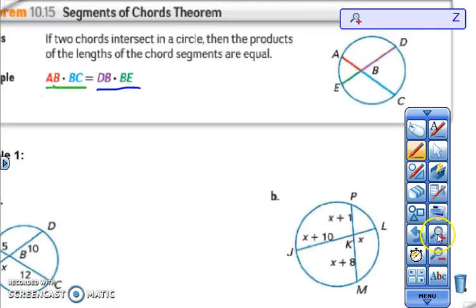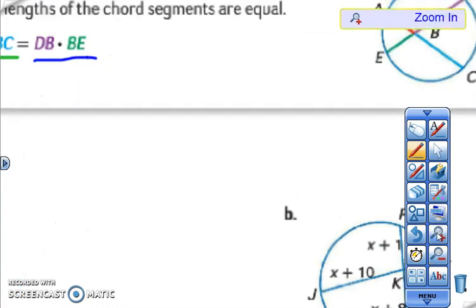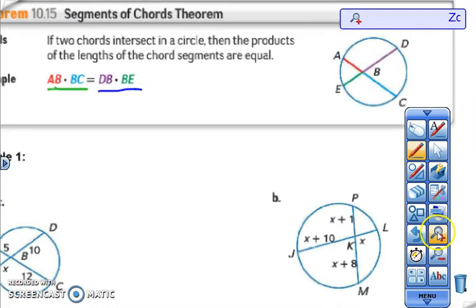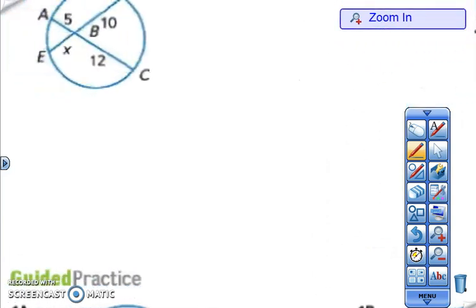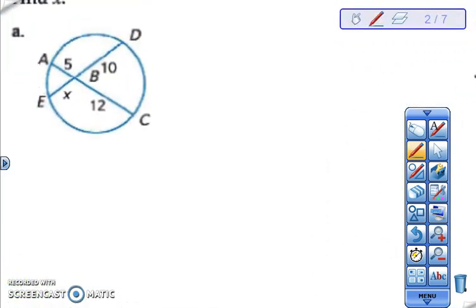So in our first practice example, it tells us that we are looking for the value of x. We notice we have two chords that intersect, and we know that anytime the chords intersect within the circle, the product of the sections of each chord should be equal.